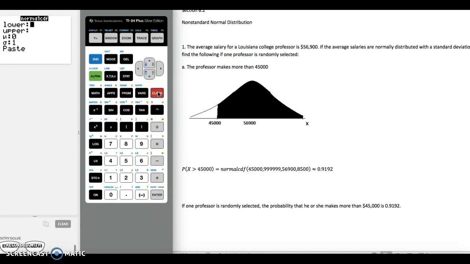And so let's clear this out. We have our lower bound, 45,000. The upper bound, the mean, and the standard deviation is 8,500.